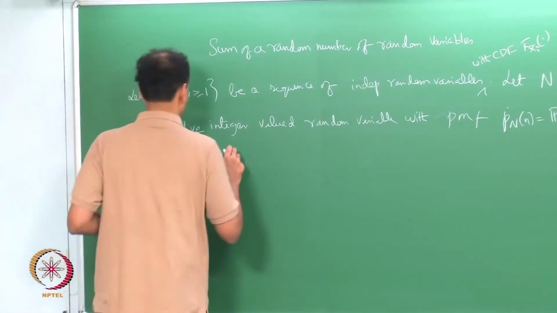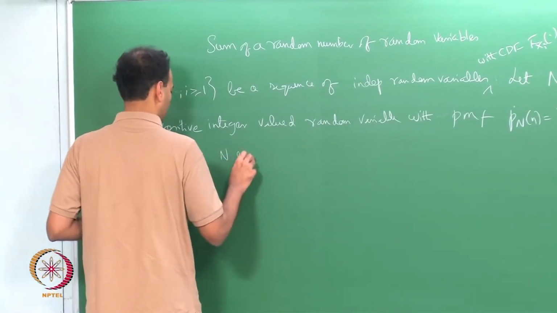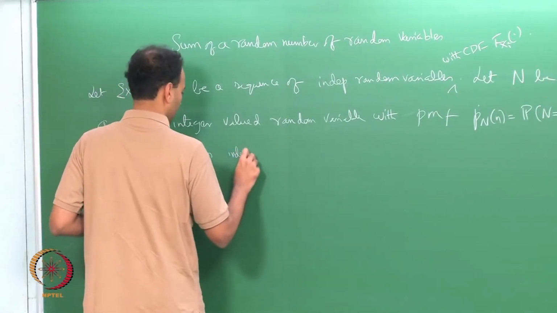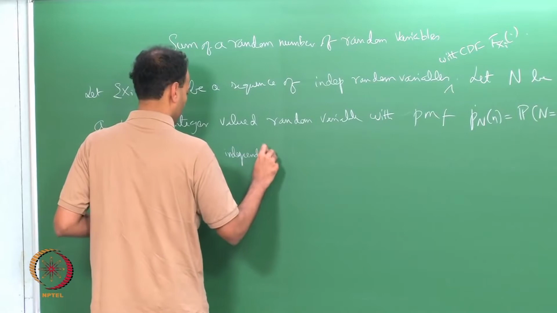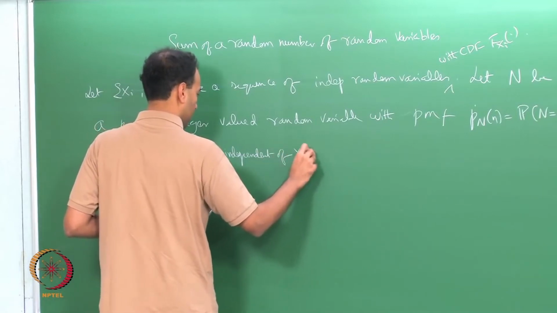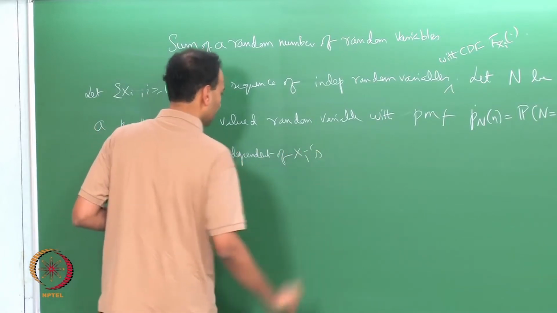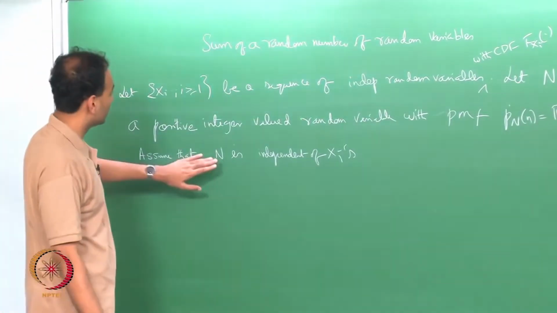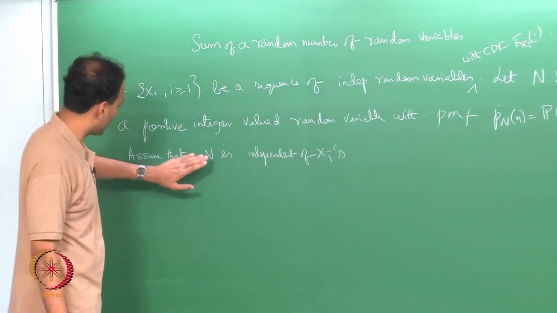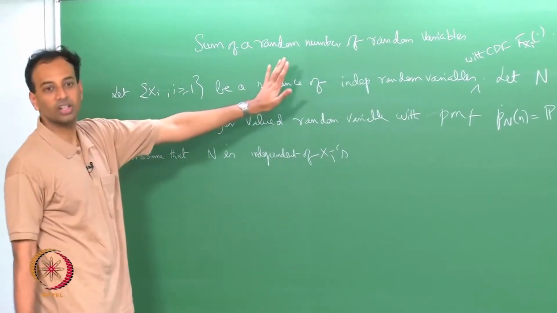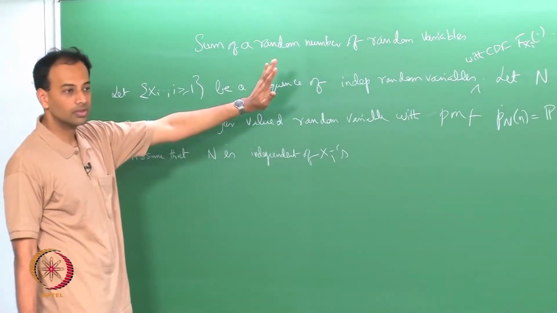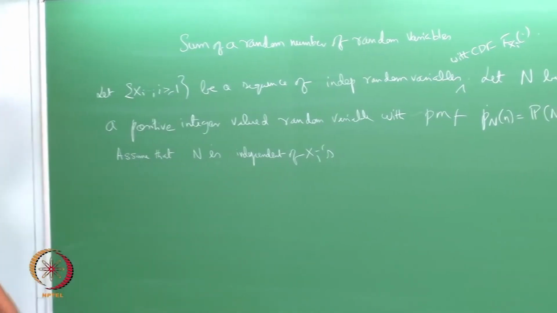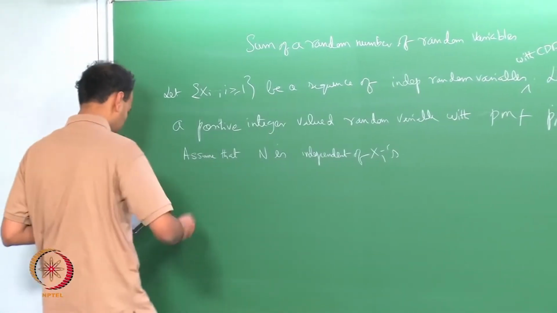Assume that N is independent of the Xi's. So, actually what I really mean is that N, X1, X2, ..., Xn, they are all independent random variables. Okay. Now, you want to consider the sum.